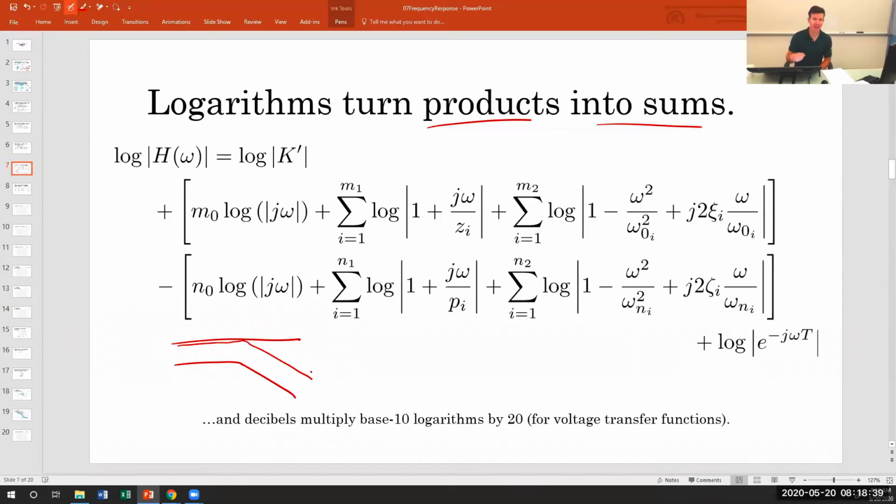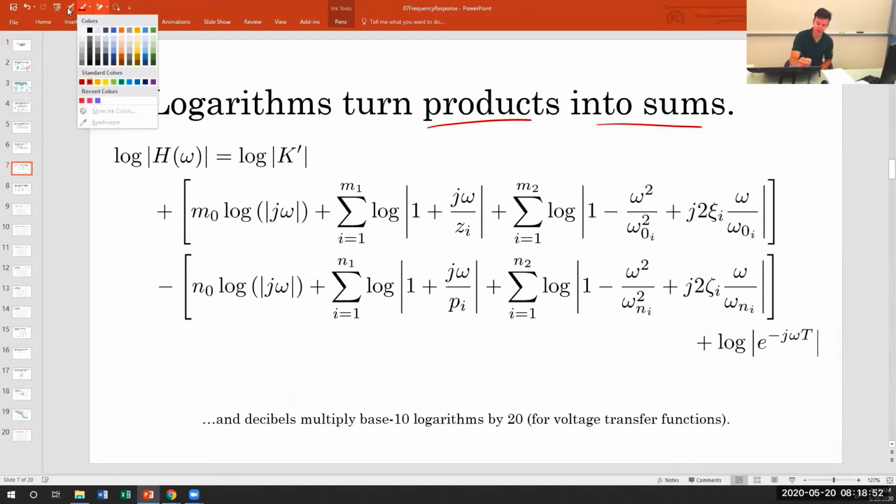I just shift this up to here, and I do something like that. So adding graphically is much easier than multiplying graphically, especially when you've got lots of graphs that you're trying to combine. So this is the primary reason why we talk about logs in the magnitude of frequency domain rather than just straight up the magnitudes.